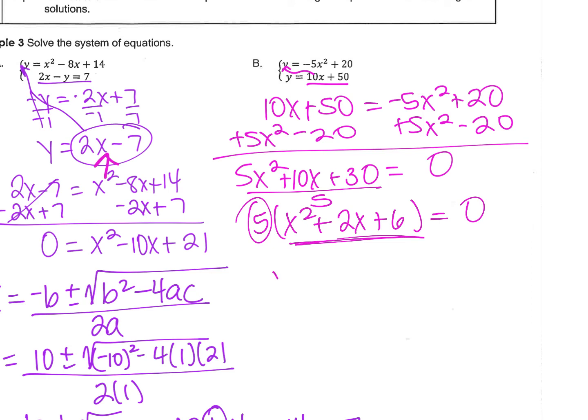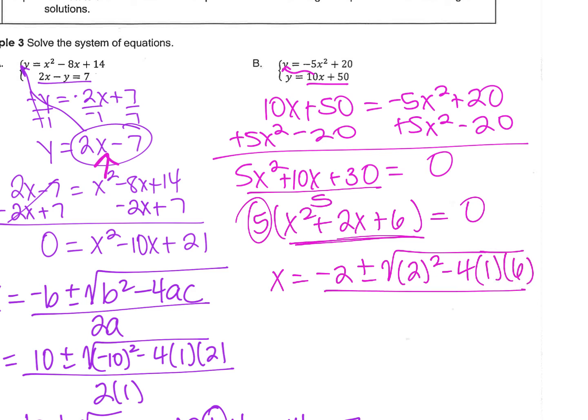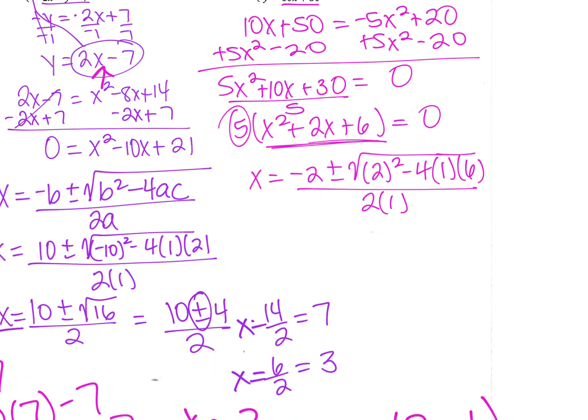So I have x equals -b, so -2 plus or minus the square root of b squared minus 4, a is 1, c is 6, all over 2 times a. So again, after you've used the quadratic formula, make sure you're typing in the part under the radical without the square root.